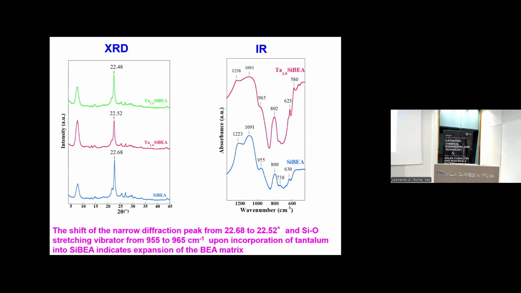By infrared spectroscopy, we also observe a change of the main peak from 955 to 965. This change is related to incorporation of tantalum in the framework of the zeolite.